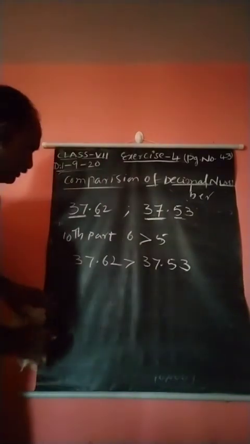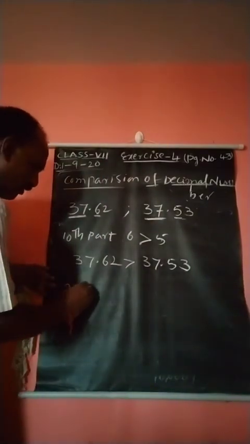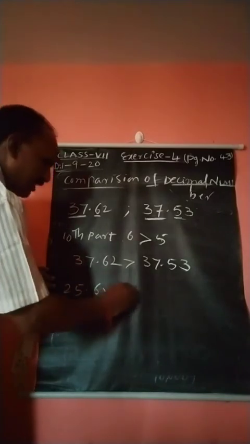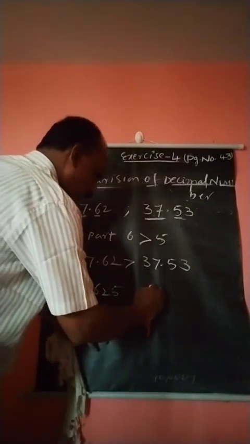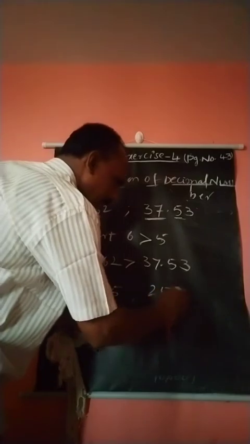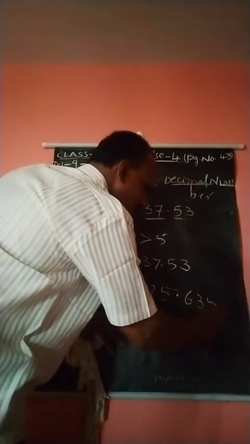And one more example. Here 25.625 is there. Here 25.635 is there.